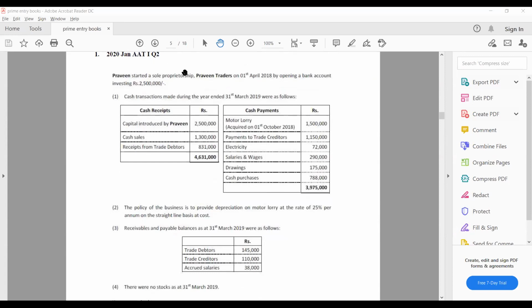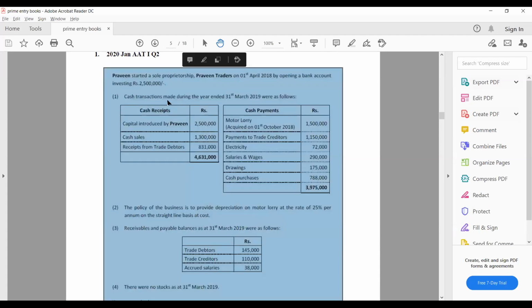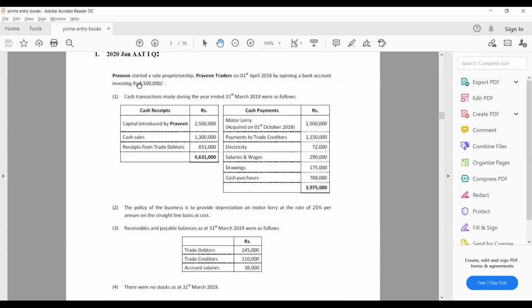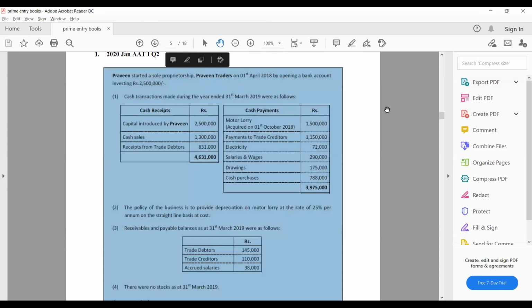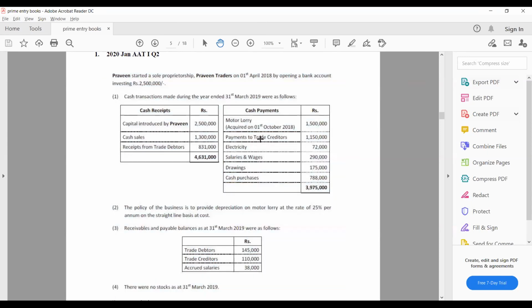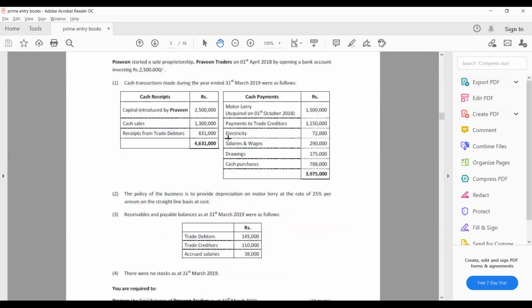Praveen started a sole proprietorship, Praveen Traders, on 1st of April 2018 by opening a bank account, investing 2.5 million. So that is the investment made by the owner. Cash transactions made during the year.